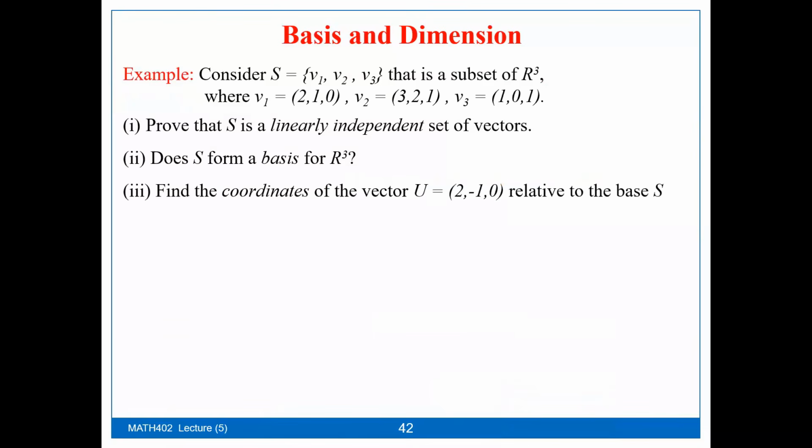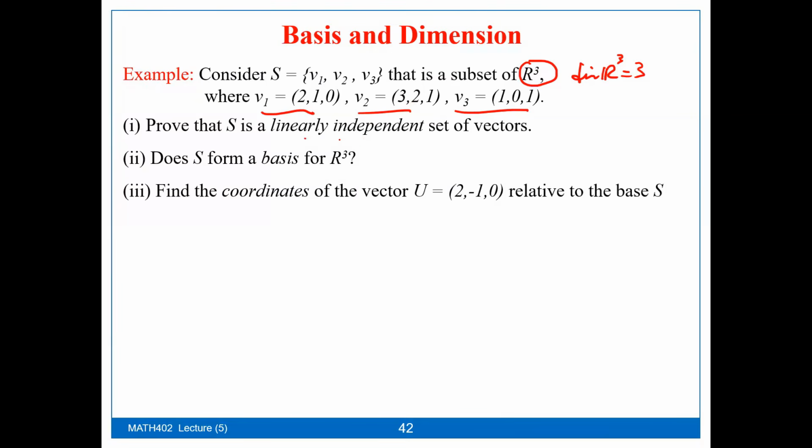Look here. So we have 3 vectors, right? V1, V2, V3. We are in R3. The dimension of R3 is 3. But we are not sure that the set of these three vectors is linearly independent. Not any three vectors are linearly independent.